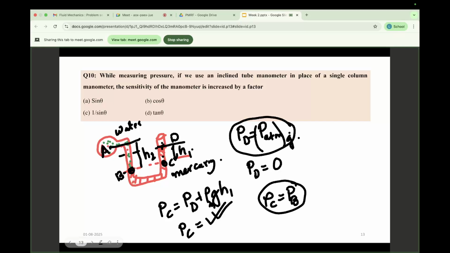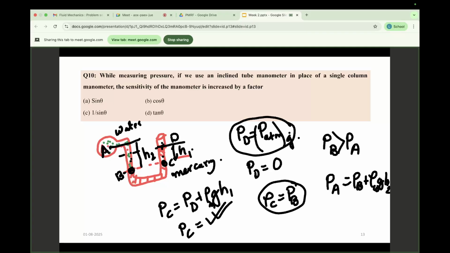Okay, so at this point A, since point B is at the bottom and point A at the top, pressure of which point is more? Pressure of B will be more than pressure of A. So I can write P of A equal to P of B plus rho. What is there? There is water, g H2.